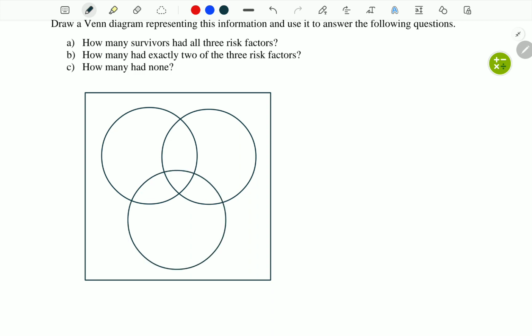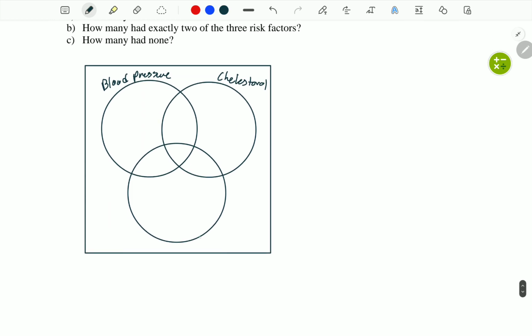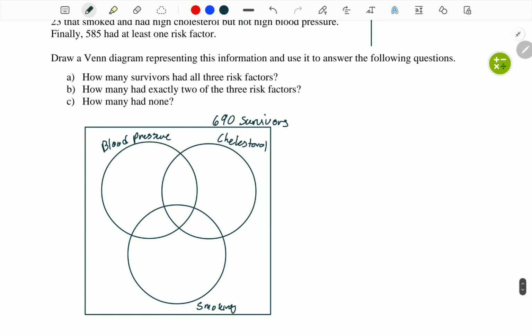We have blood pressure, we have cholesterol, and then we have smoking. And we have a total of 690 survivors. The question says, how many had all 3 risk factors? How many had exactly 2 of the 3 risk factors? How many had none?